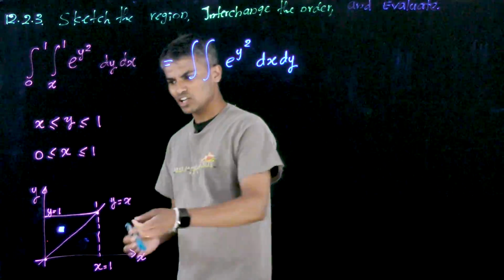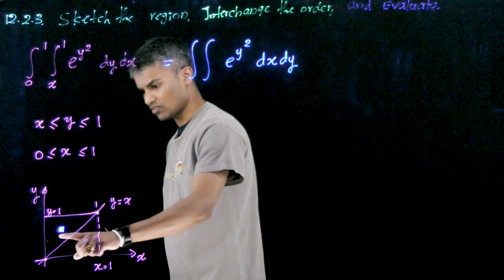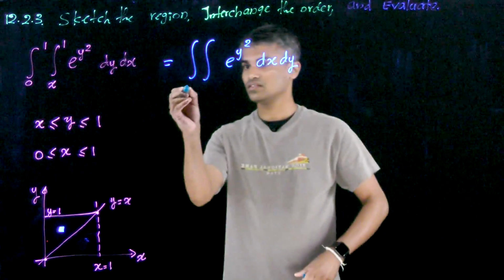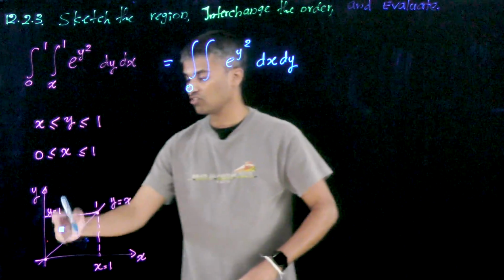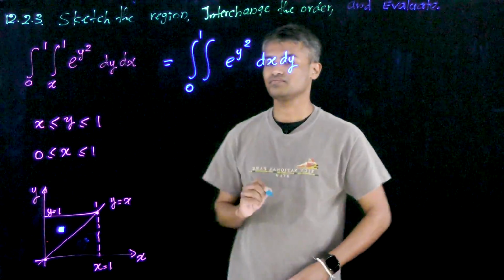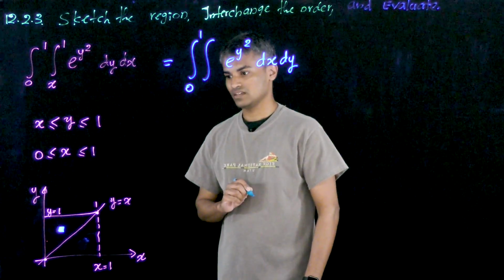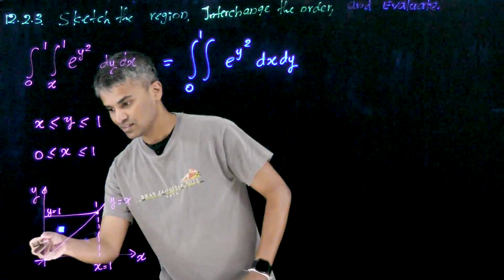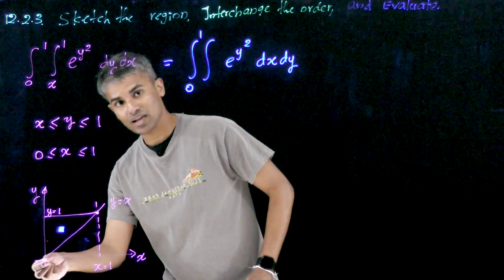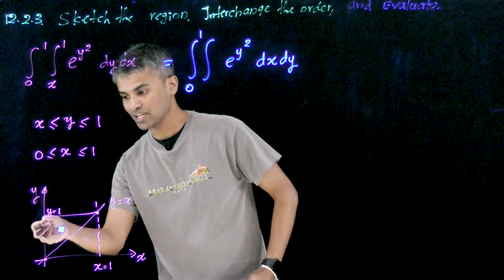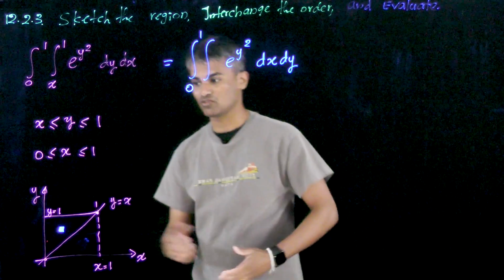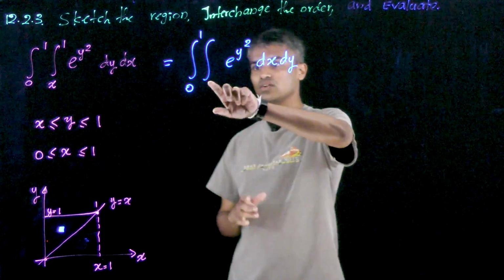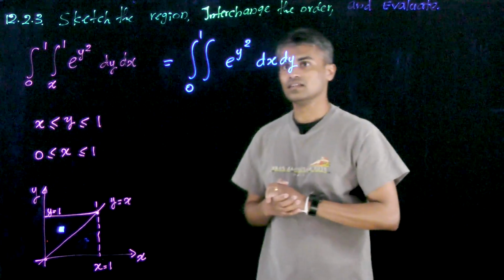What is the lower limit of y? The lower limit of y should be 0, and the highest value of y should be 1. Because if we consider an element over here, its lower limit is given by y equals 0 and the upper limit of y is given by y equals 1.